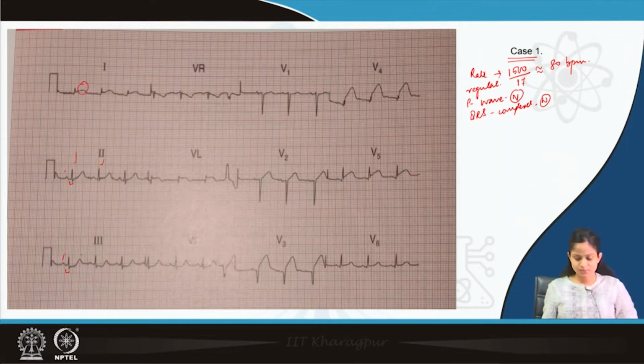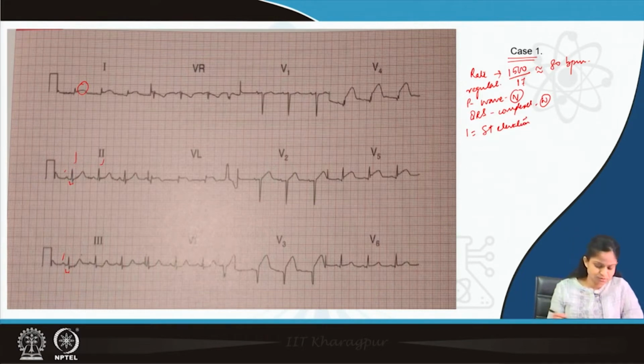We can see in lead 1 there is ST segment elevation. So, in lead 1 we have seen ST segment elevations, we have to find out where we have other ST segment elevations. We do not have in lead 2 and lead 3 or AVR, we have in AVL ST segment elevations.